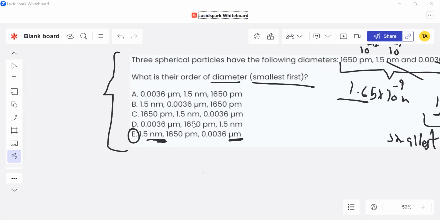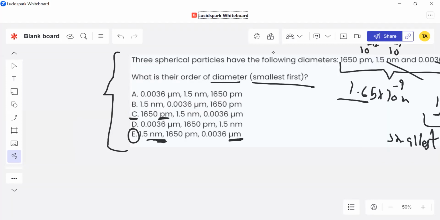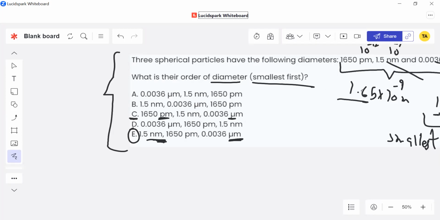Scientific notations are non-zero. Yeah, so E is the right answer. Some people were saying C. I understand that you guys might be thinking that picometer has the smallest prefix, so it will be the answer because the first one is the smallest, and micrometer is the biggest prefix, but you have to look at the value as well.